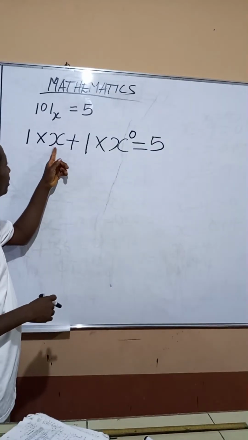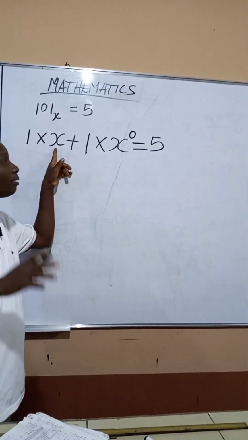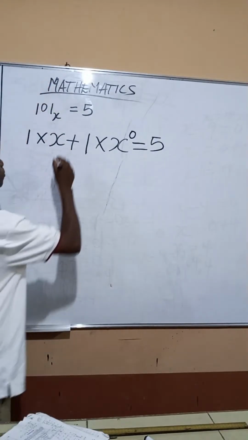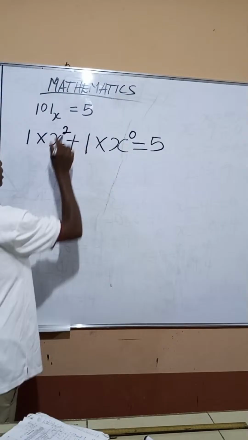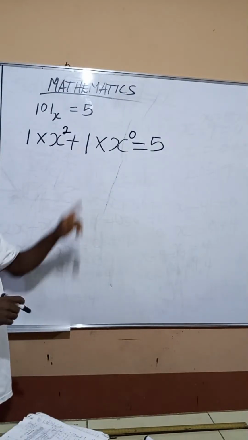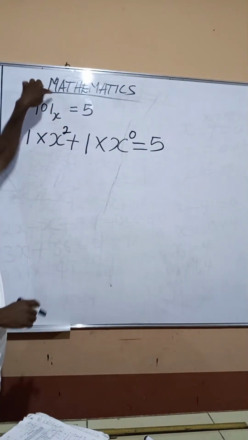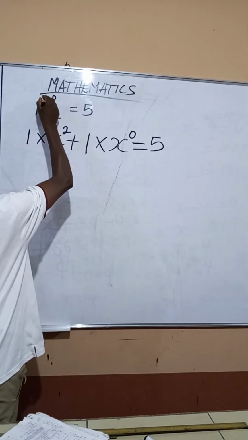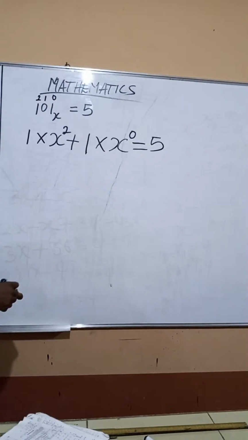Then at this other point, x will be powered by 0, 1, 2, so we are going to have 2 right here. Here it's supposed to be 1. So we are supposed to have 0, 1, and 2.